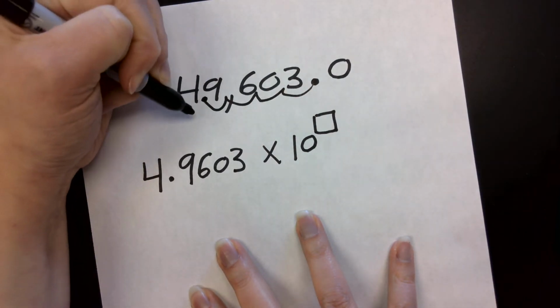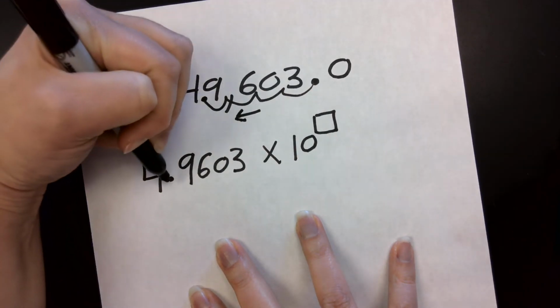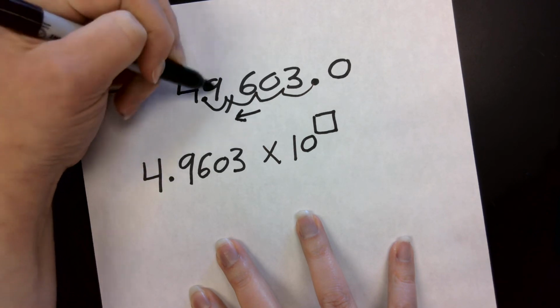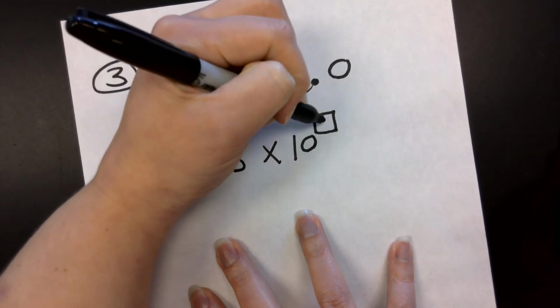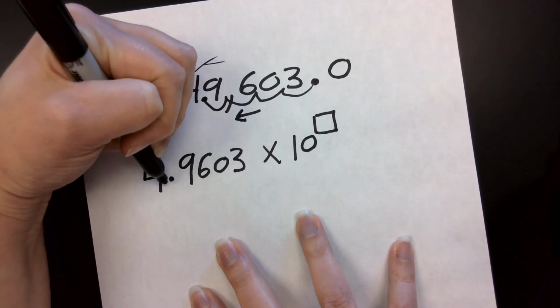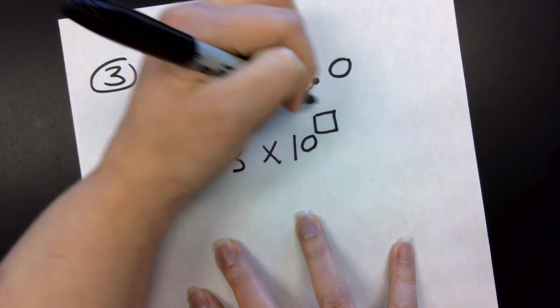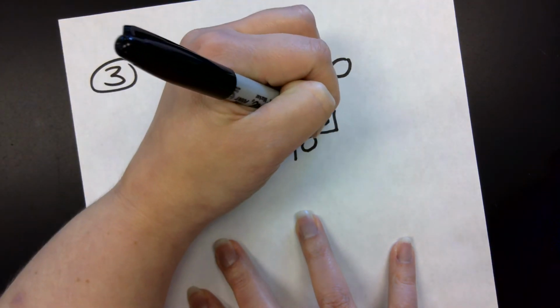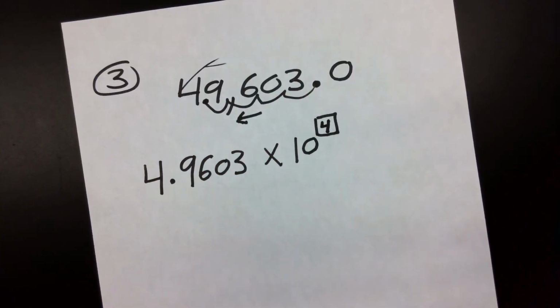So we moved it over 4 times to the left to make our number smaller. But our number to begin with was big, so we want to make sure to tell people, hey, you have to make this bigger by using a positive number here, so we're going to have it as a positive 4. Okay.